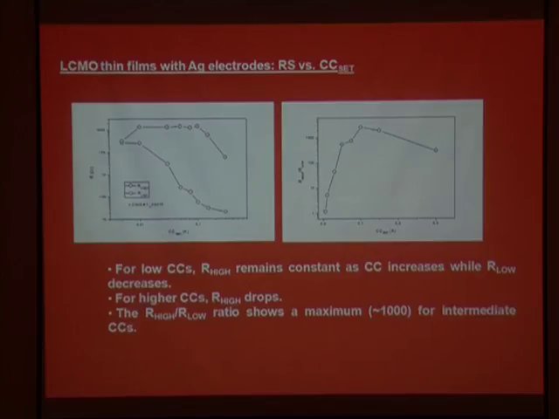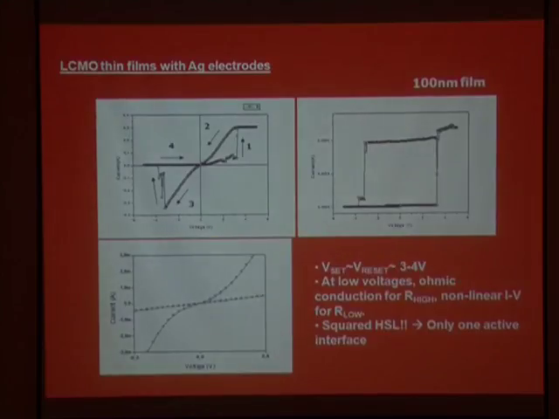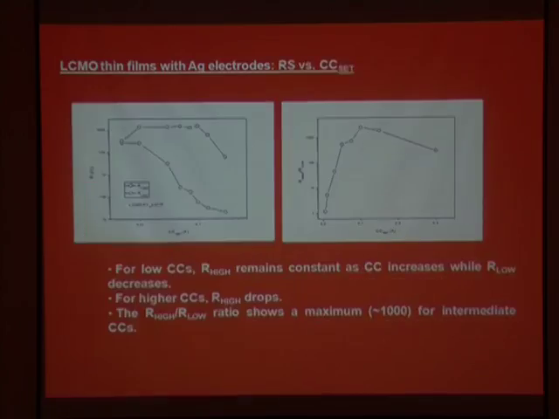What we did, and I forgot to say, is that we use a current compliance for the set process. In this way, we limit the current that passes through the device when the set occurs, and then we prevent damage. We varied systematically the current compliance during the set process, and we studied the evolution of the low and high resistance levels.